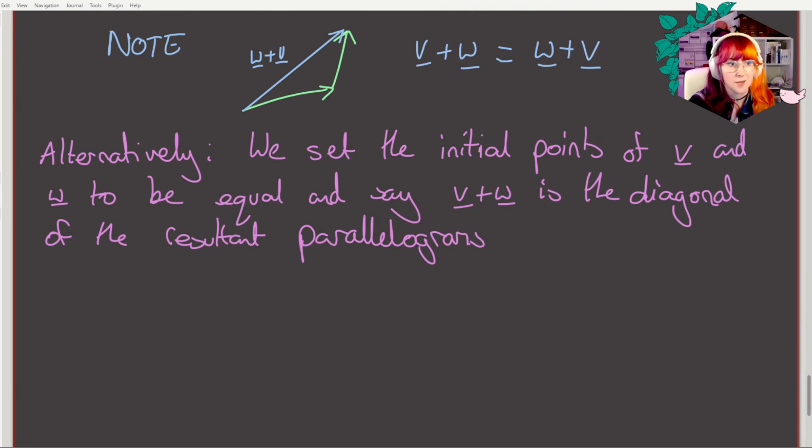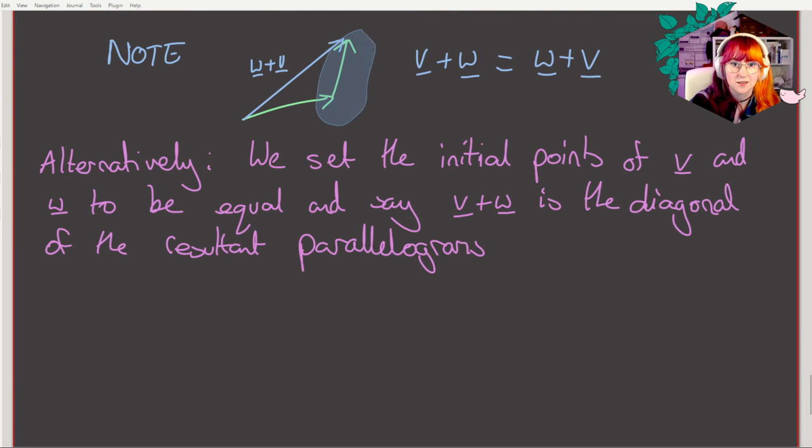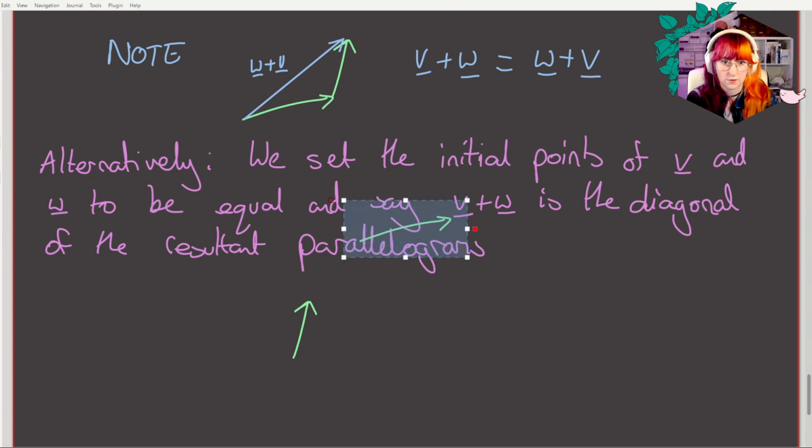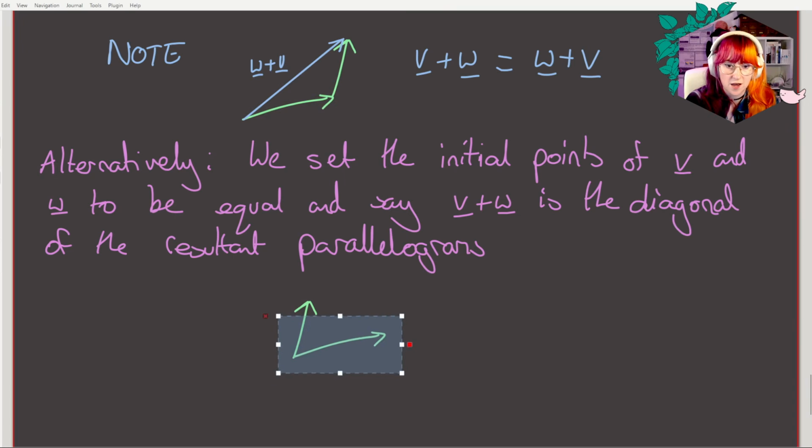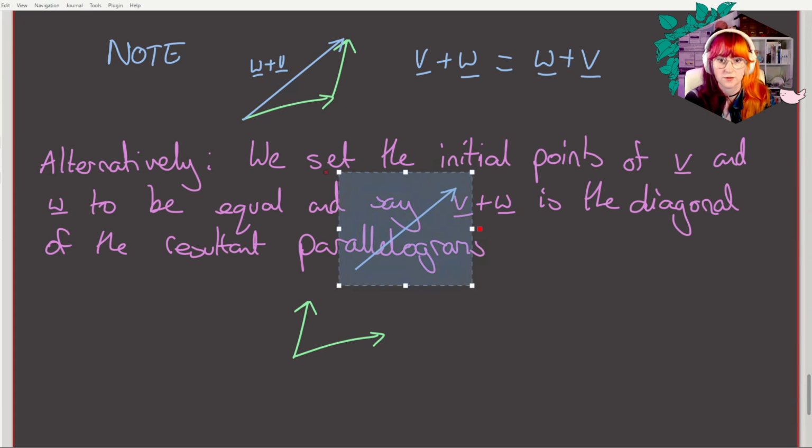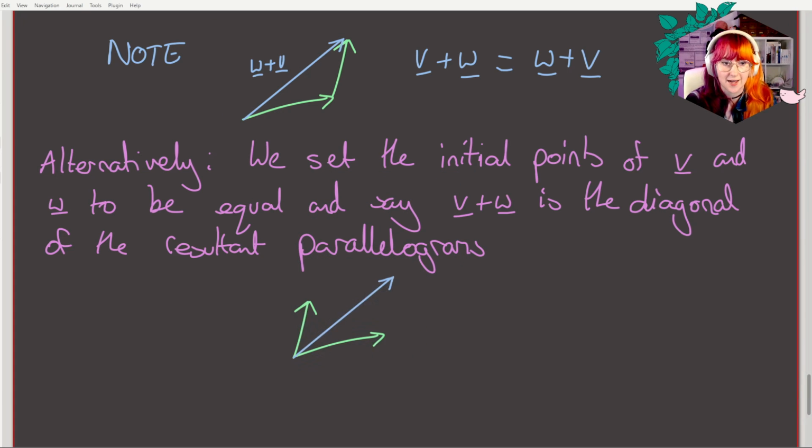So let me pull these guys again. So I get my V. And I get my W. And now I set the start points to be the same. Okay. And then what I should have is my V plus W as the diagonal of the parallelogram.